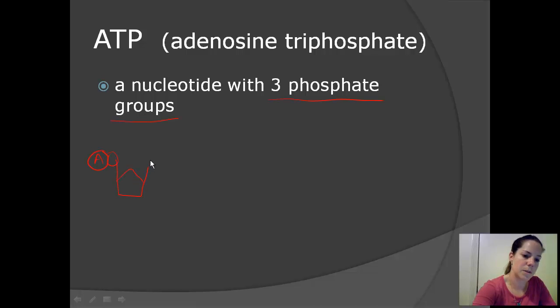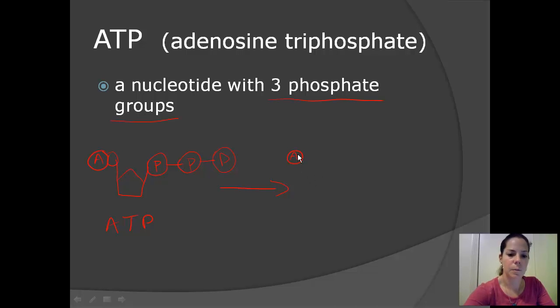So right now I'm just drawing the ATP molecule. There's 1 phosphate group, 2 phosphate groups, and 3 phosphate groups. So this is ATP. And when it reacts to release energy, it looks like this.